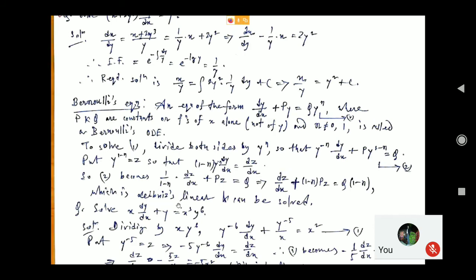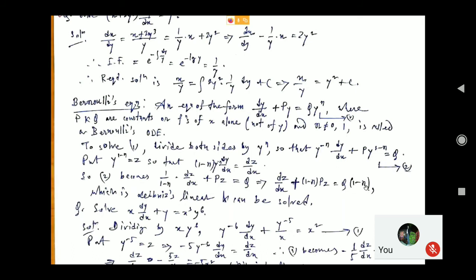So equation 2 now reduces to this expression, and after simplification, it reduces to dz/dx plus 1 minus n into pz equal to q into 1 minus n.